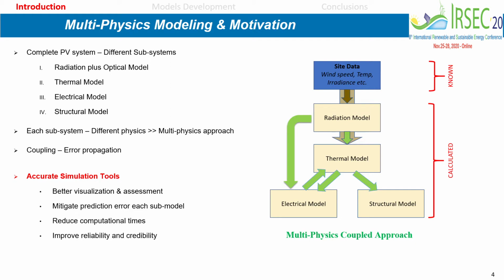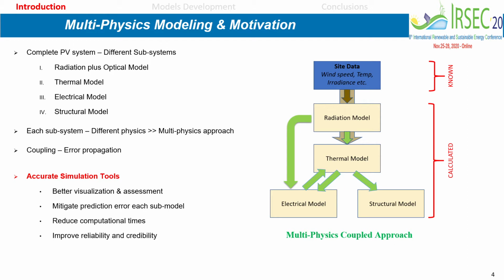Now, in terms of multiphysics modeling motivation, there are certainly a lot of models out there, but they are not necessarily accurate, and are not necessarily all physically based. There are a lot of simplifying assumptions, and they may not be accounting for the full transient situation.